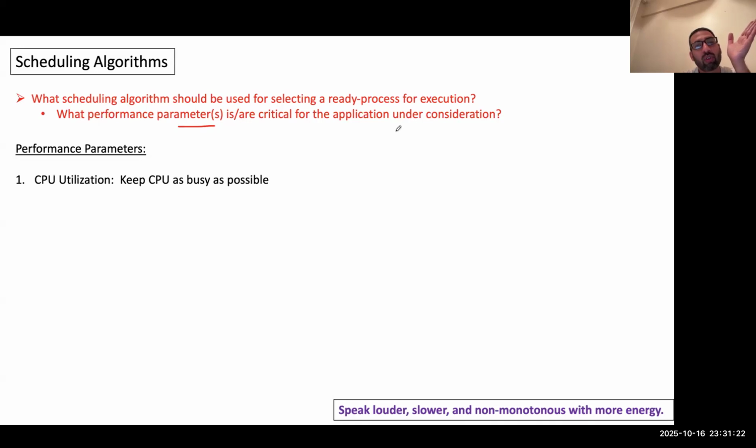Now it depends upon your need. If you are developing an interactive application, the response time is maybe more important for you as compared to the waiting time, so maybe you will select algorithm B because it is better at reducing the average response time.